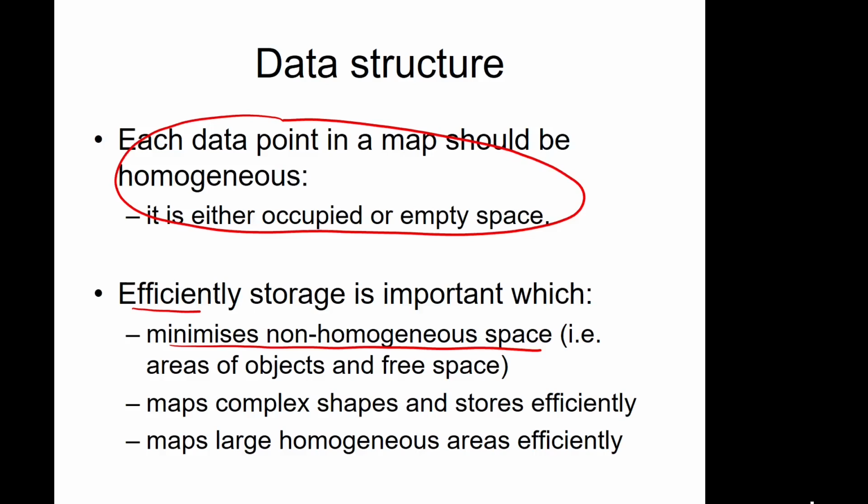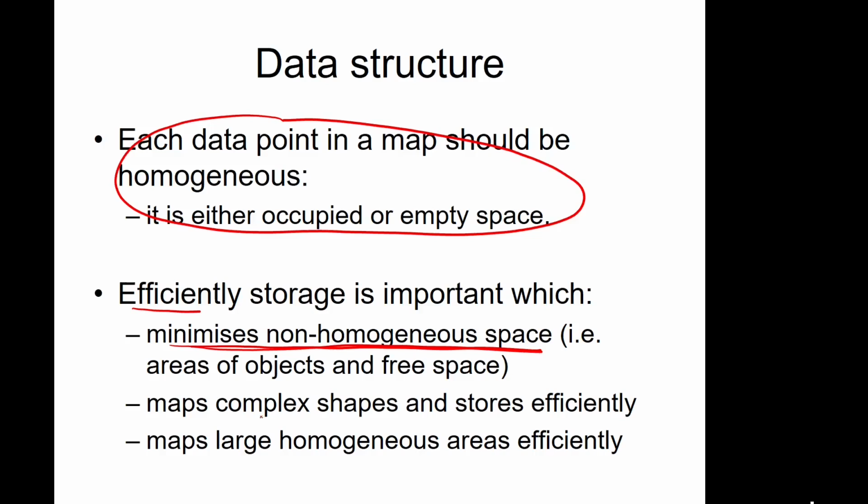So we have to have a balance between clearly defining a space as either totally empty or filled with something. So what we want to do is minimize any ambiguity when we define an area or volume to have that as non-homogeneous. So that is potentially part space, part object. So minimize non-homogeneous space is our first objective.